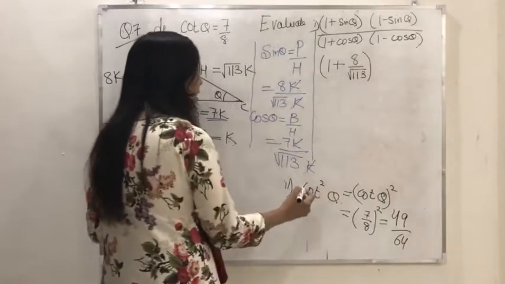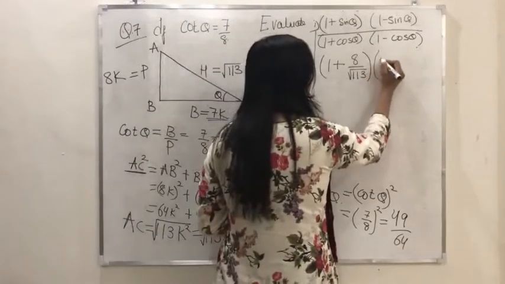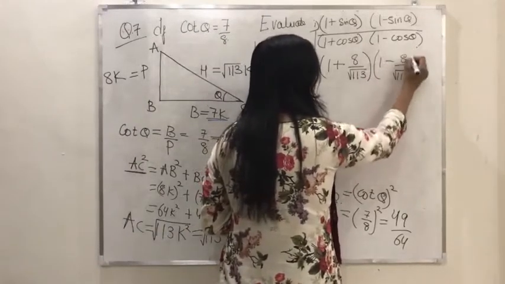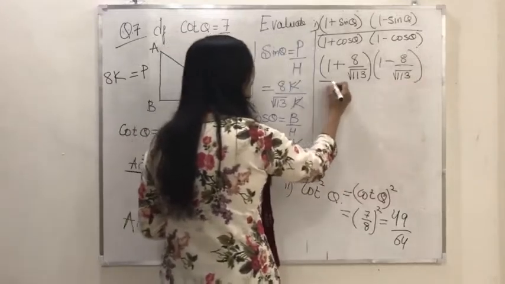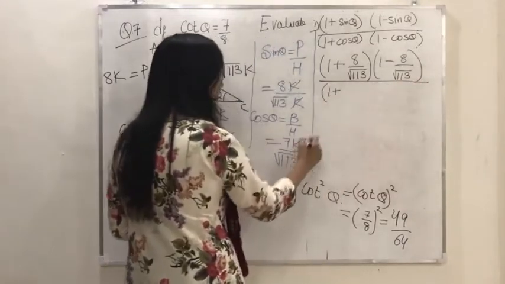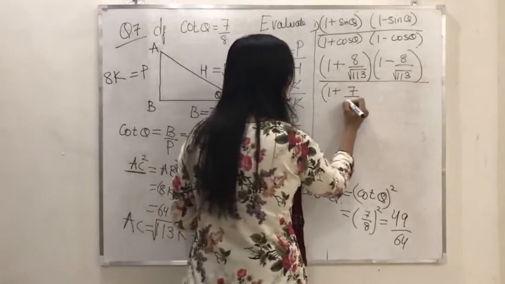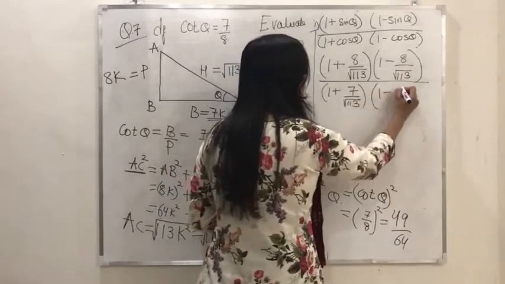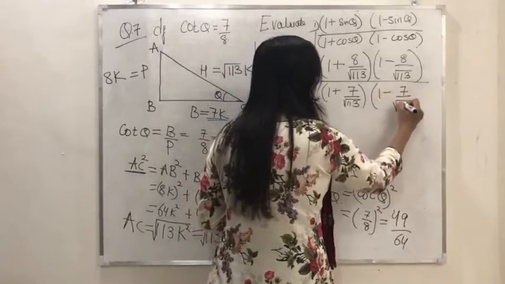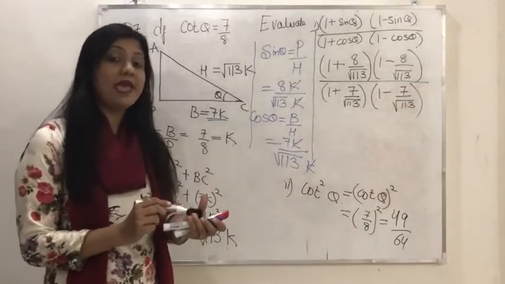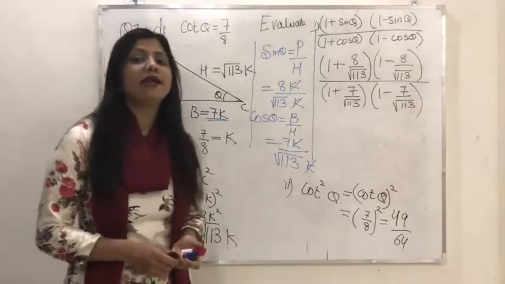Then 1 minus sin theta: 1 minus 8 upon root of 113. 1 plus cos theta: the value of cos theta is 7 upon root 113. And 1 minus cos theta. So now we know what a plus b and a minus b are.